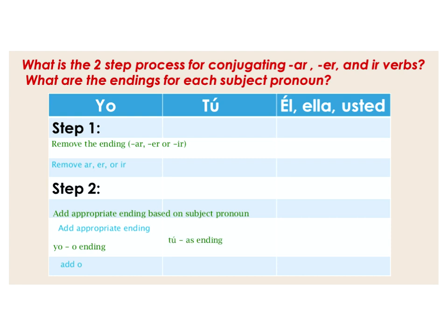We have yo, tú ends in as. Well, for AR verbs, it's as, it's not es. And the él, ella, usted is a.